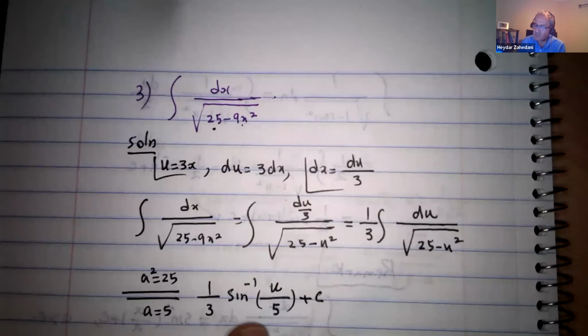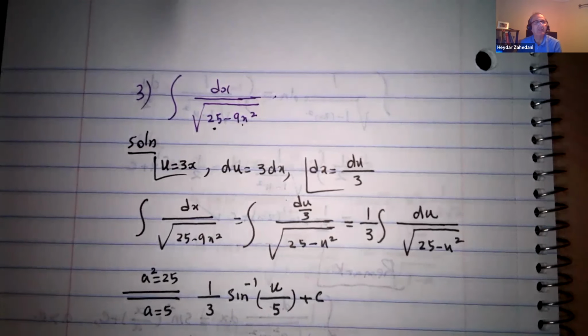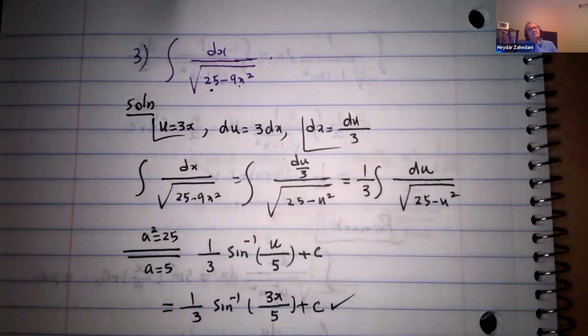And you have to change the u. What is u? U is 3x. So the final answer is 1/3 sine inverse of 3x over 5 plus the constant c. And then you're done.